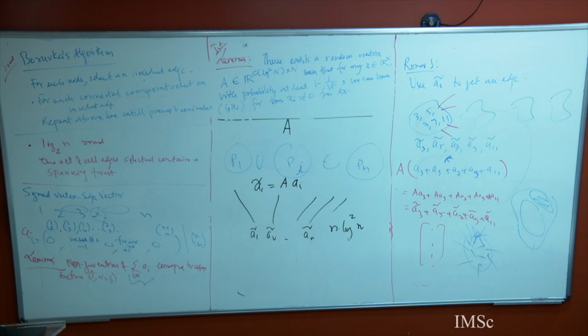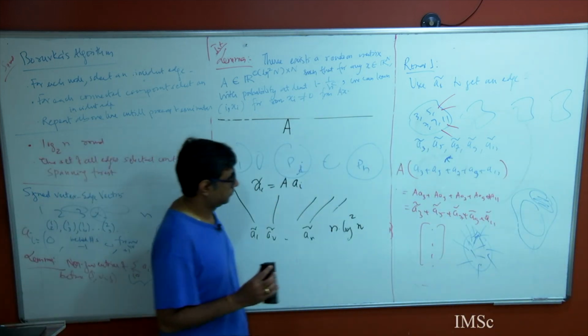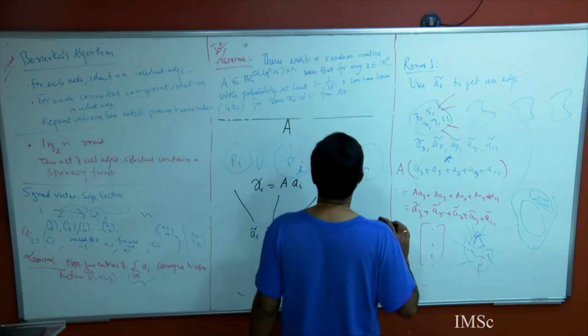If I delete this index, I have absolutely no guarantee that there is another edge incident to this guy. If you think about it yourself, you will start to understand the difficulties.